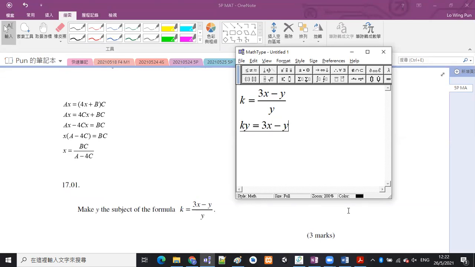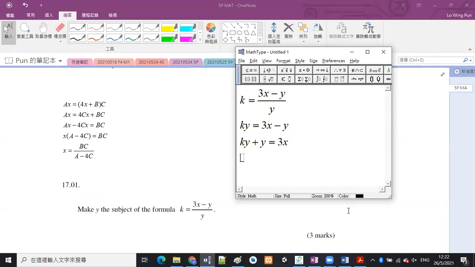y, right? And I want y to be the subject, so I need to put all the y terms to one side and keep all the non-y terms on the other side. Okay, I think it should be very obvious. Move the minus y to the left. Okay, so we have ky plus y is equal to 3x.